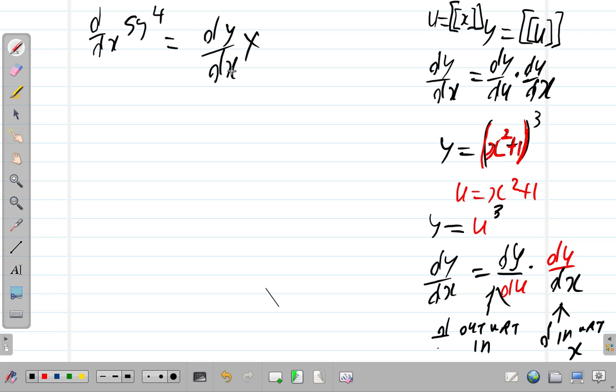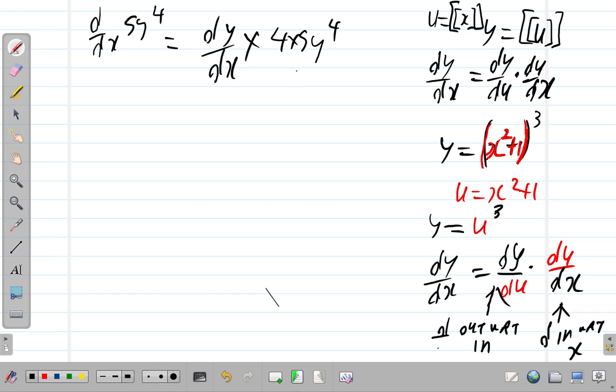So d of y with respect to x is multiplied by the derivative of the outside function with respect to the inside function. If you should find the derivative of this using the power rule, what you would have is 4 times 5 y to the 4th.